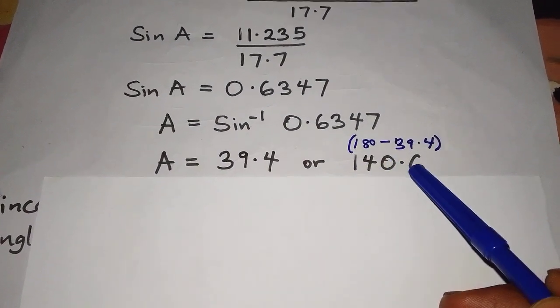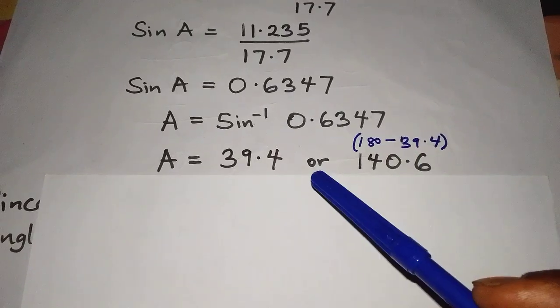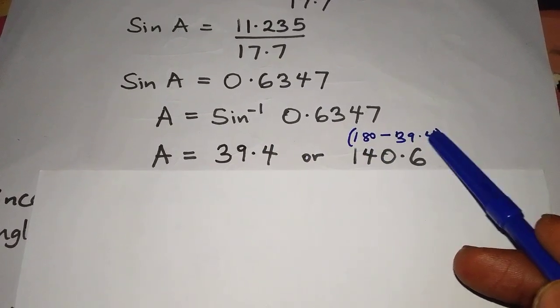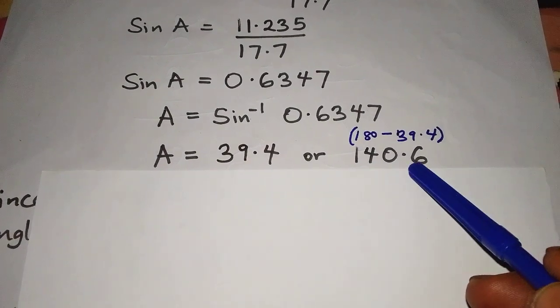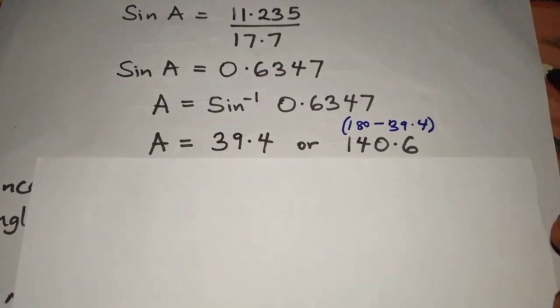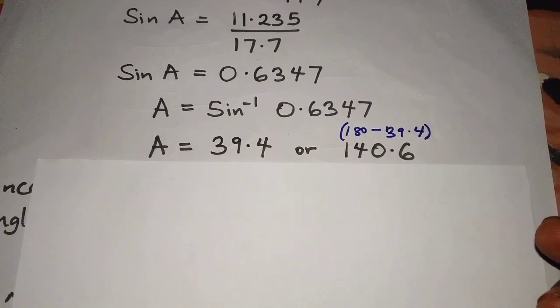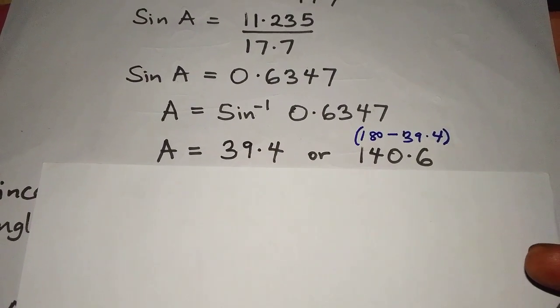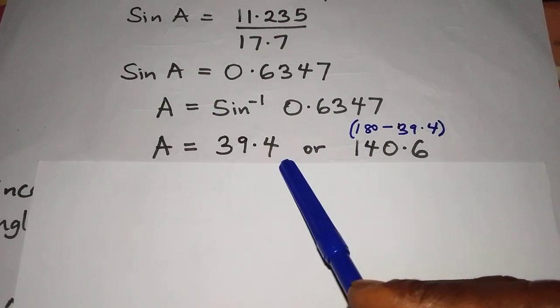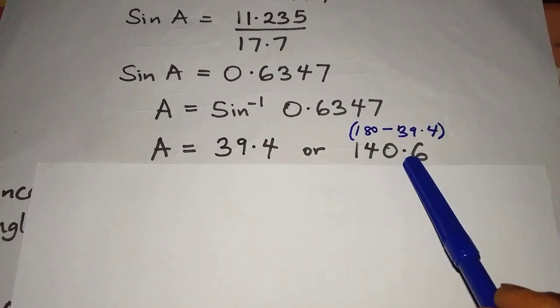To get this 140.6, you subtract 39.4 from 180, because sine is positive in the first quadrant and the second quadrant. But we only need one of these two as our answer.